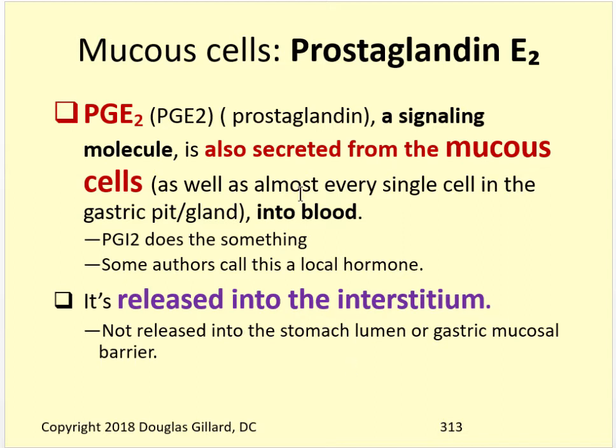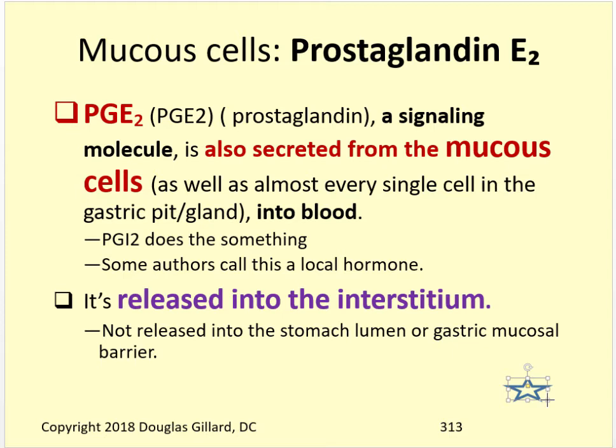Now, this is an important one here too. Let's put a star here. It says PGE2. Prostaglandin E2, or just PGE2, is a very important signaling molecule, also secreted from the mucose cells. So now we have mucus being secreted, and now we have PGE2 also being secreted as well.